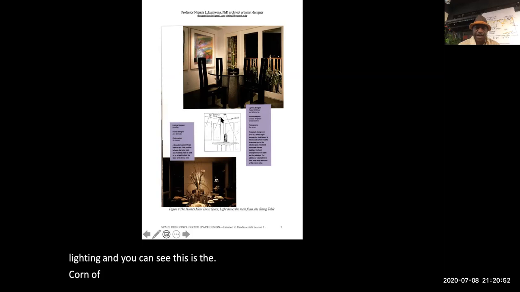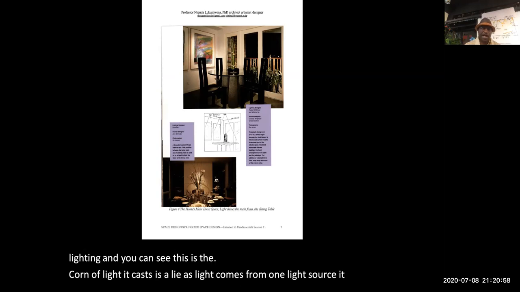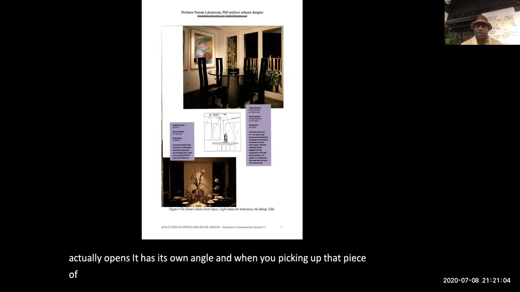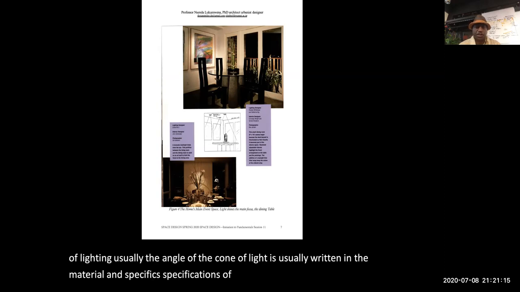It casts light. As light comes from one light source, it opens. It has its own angle, and when you're picking a piece of lighting, the angle of the cone of light is usually written in the material and the specifications of the light fixture, which is a good thing to look at.